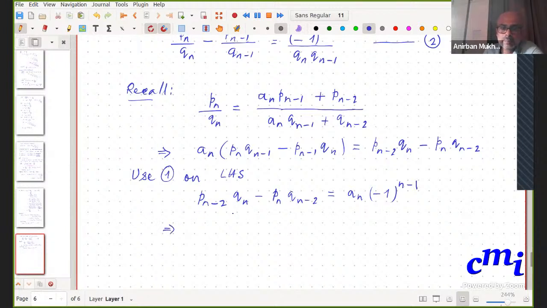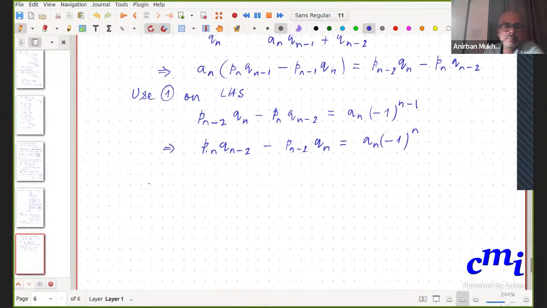Now just flip this again to get the larger suffix for P: Pn Qn minus 2 minus Pn minus 2 Qn, with one more minus 1, so let's write it as minus 1 to the n.